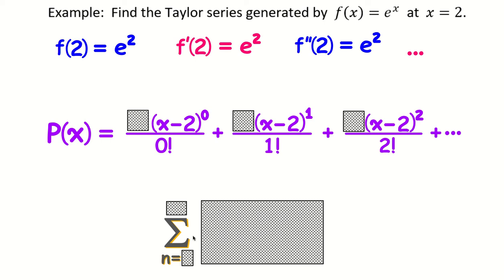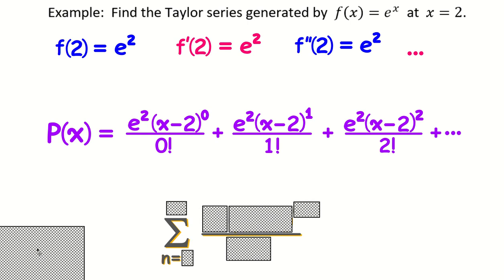But remember, whatever you get as your answers also goes in the terms. Technically, e to the second is that one, e to the second is that one, e to the second is that one. It's always going to be e to the second, which helps.